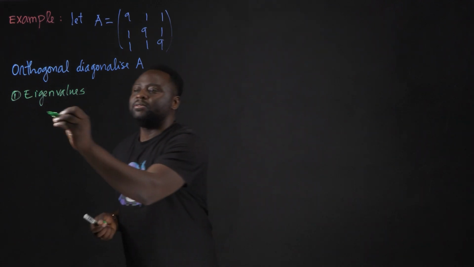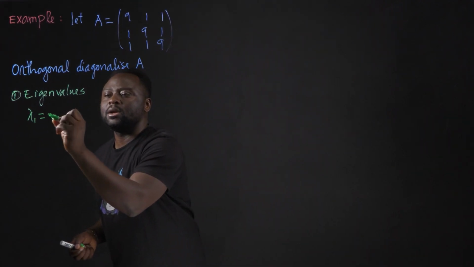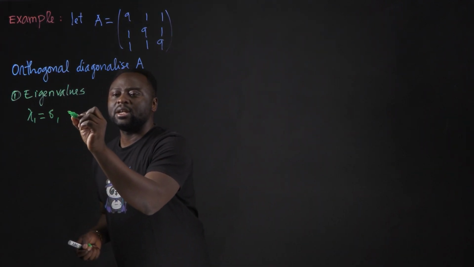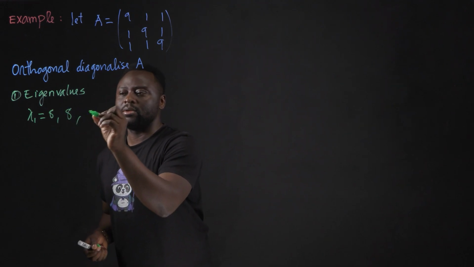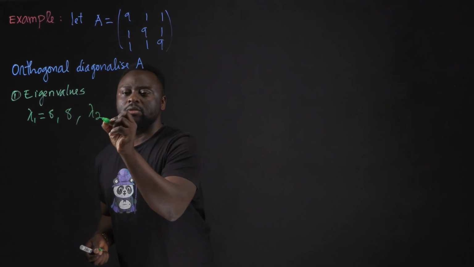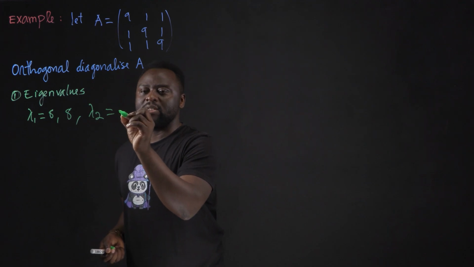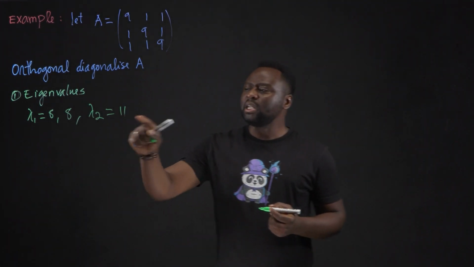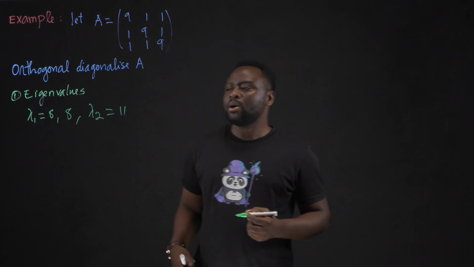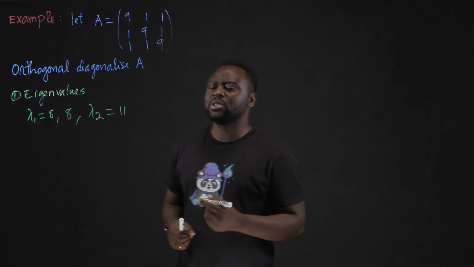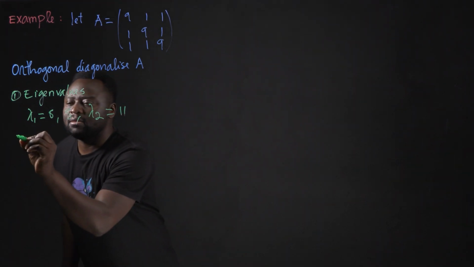In this case, lambda 1 is equal to 8. The second lambda is also 8, so we have a double eigenvalue, and lambda 3 is 11. Please double check this and make sure that you obtain 8, 8, and 11. Once we have this, let's move to the second step, which is the eigenvectors.